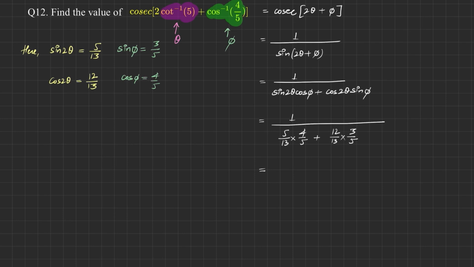On simplifying, we will get 1 by 20 over 65 plus 36 over 65. So it will be 1 by 20 plus 36 over 65. So it will be equal to 65 over 56. So this is the answer for this.